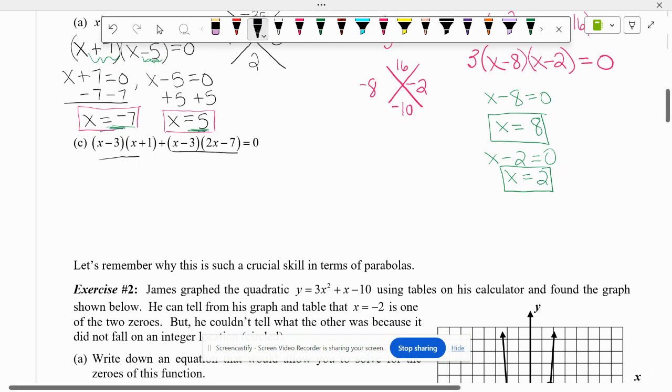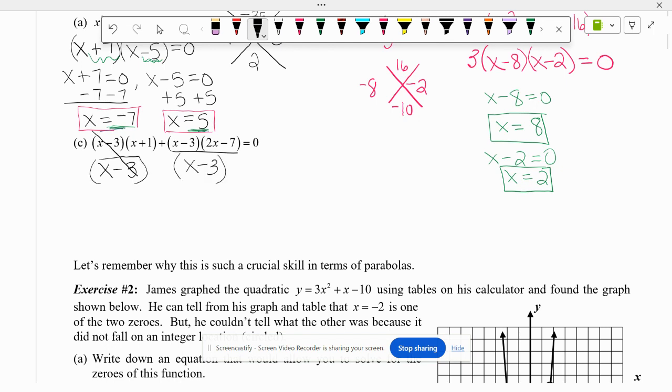So I can take out x minus 3, right? It's contained in a parenthesis, but I can take it out of both terms. So when I pull out x minus 3, I'm left with x plus 1 plus 2x minus 7.